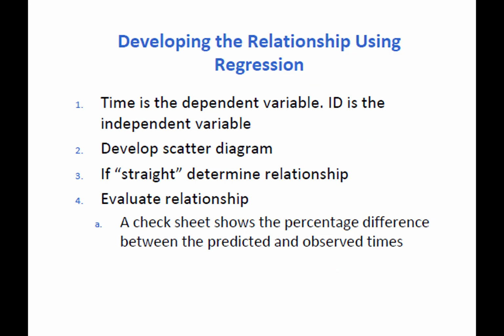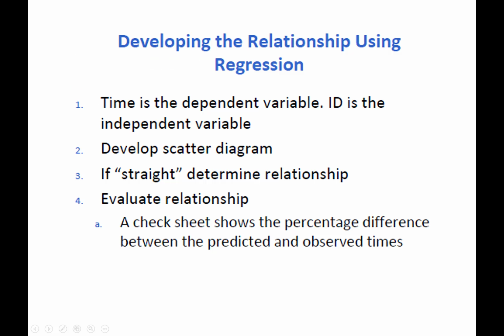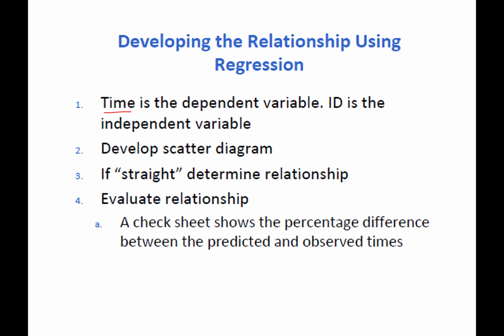For this purpose, these are the steps. First, the time here is the dependent variable, and the ID or internal diameter is the independent variable. Then develop the scatter plot, and here it suggests that there is an almost linear relationship.